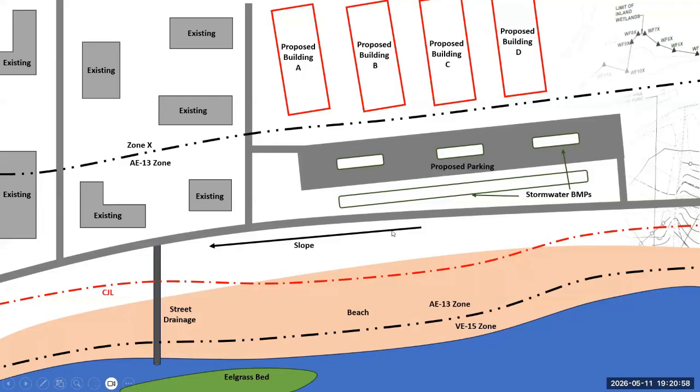And then these BMPs can be incorporated, and we would recommend that they be incorporated, especially with those eelgrass beds off-site that can be very sensitive to stormwater runoff, especially from hot asphalt and roofs and new buildings and stuff. So we'd recommend rain gardens or stormwater detainment on site to manage that runoff.